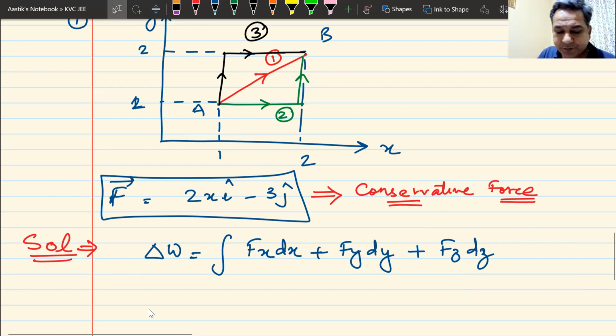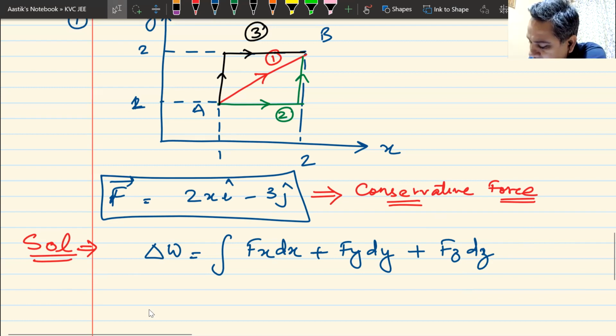So what I do, I put the values. 2x goes here. Minus 3 goes here. And this is definitely 0, so it basically cuts. So what do I have?